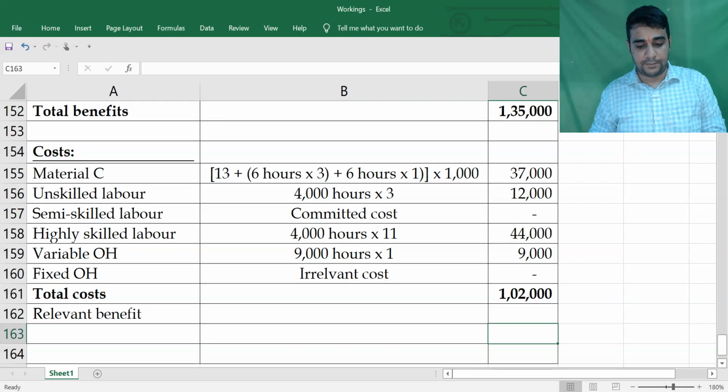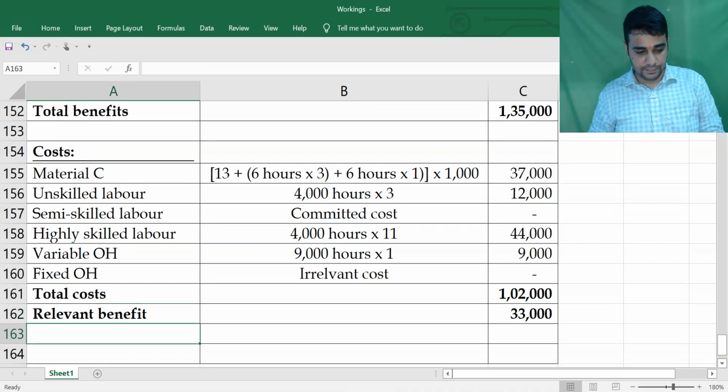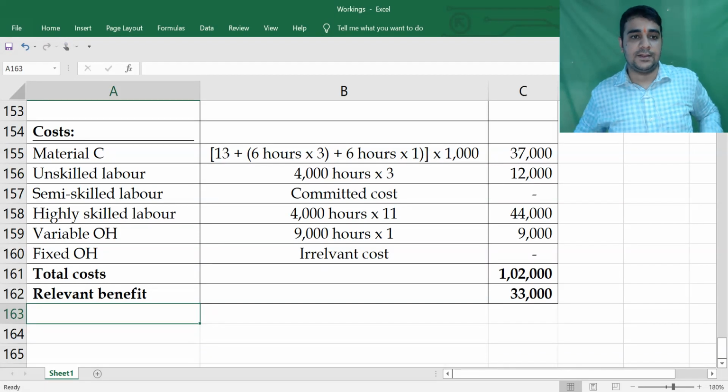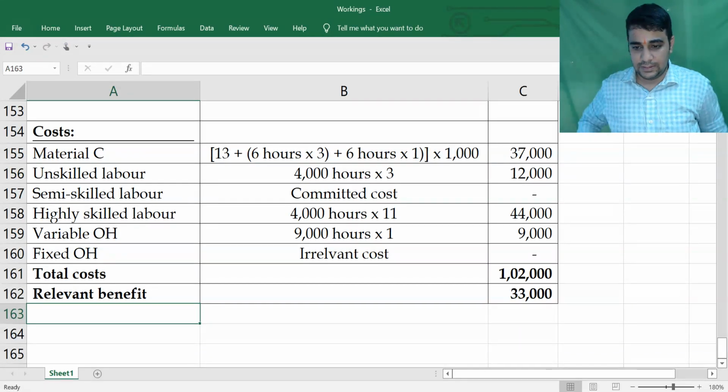Relevant benefit 33,000. Relevant benefit is 33,000. Clear?